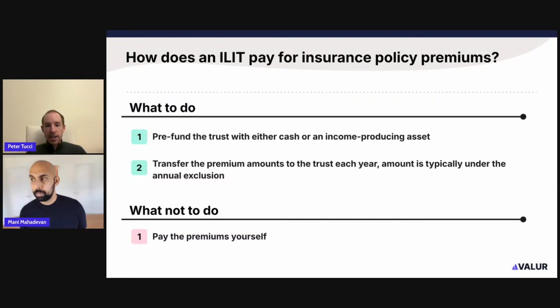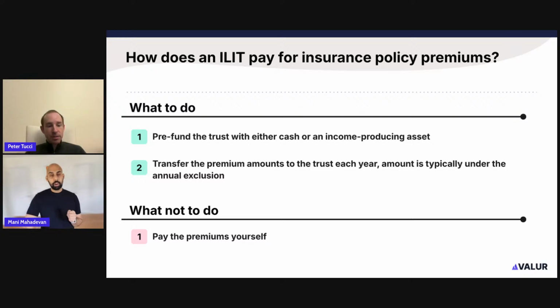And then the trust will pay the premiums from that liquidity each year, and you can always add more cash in the future if it needs it. So either you fund it with a bunch of cash or securities up front, or you fund it with maybe real estate or some kind of income producing asset, and then you say I'm going to pay the premiums from the rental income or something like that.